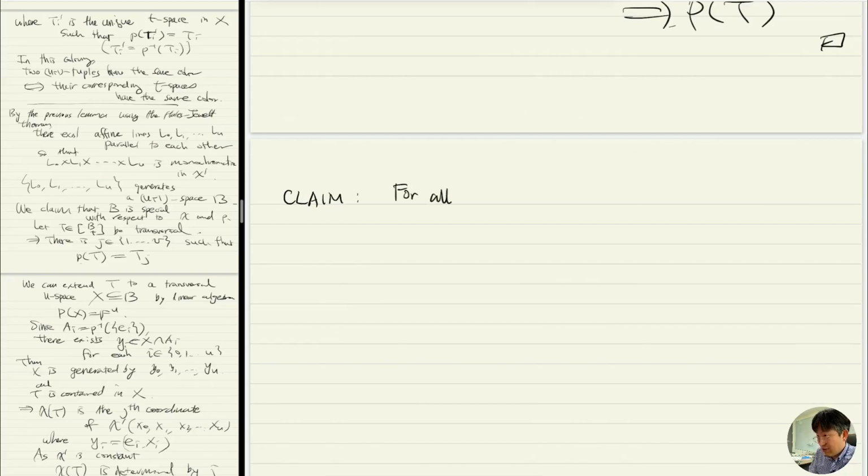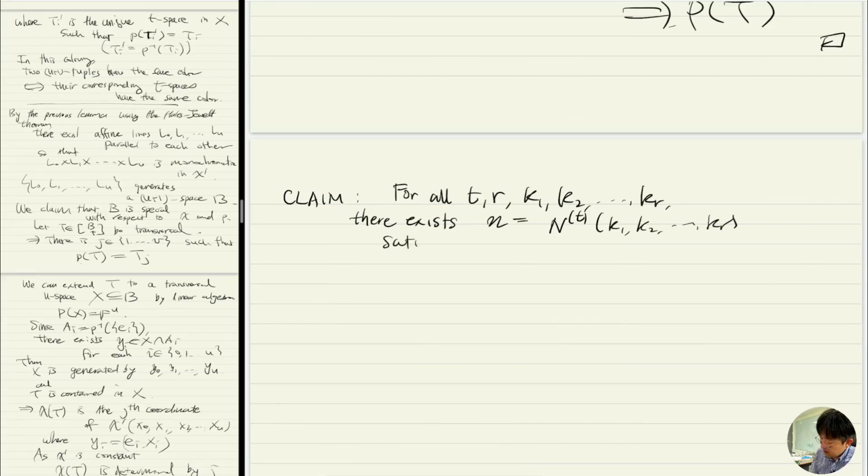So for all T, R, and K1, K2, up to KR, there exists N, as a function N of T, K1, K2, up to KR, satisfying the following.